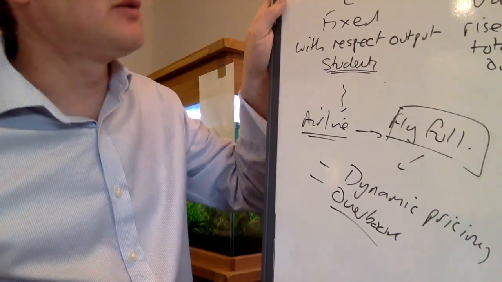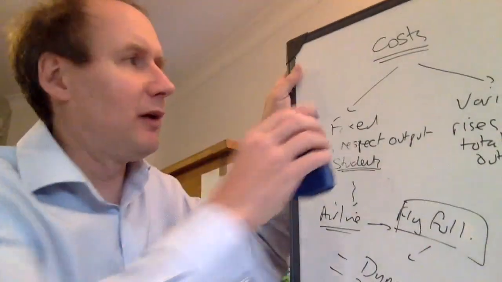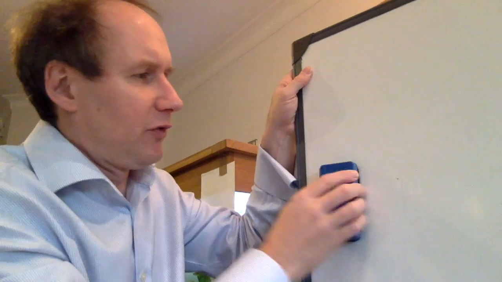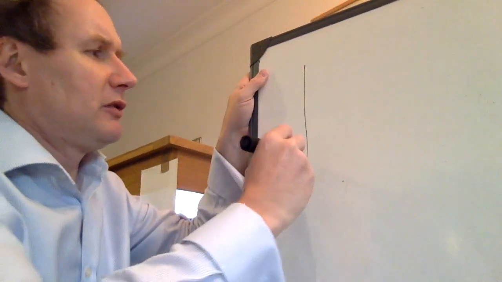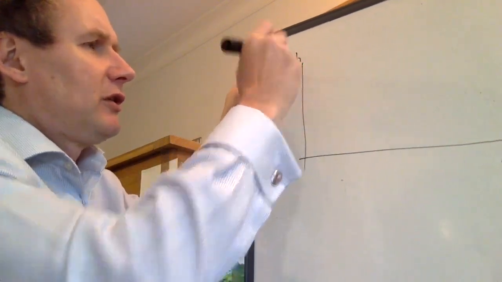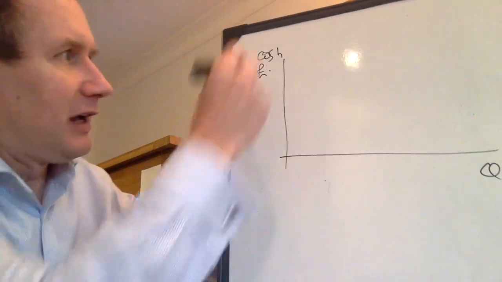And what we then said is, well, let's have a look in a bit more detail at fixed and variable costs. And we started by having a look at fixed costs. And we said, well, okay, let's suppose that's output and that's costs in pounds. So it's just following the usual thing like supply and demand. Output goes along there, costs are there.